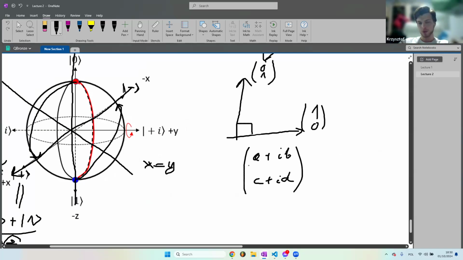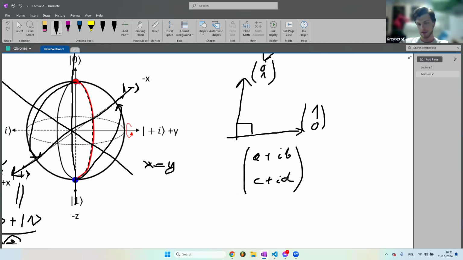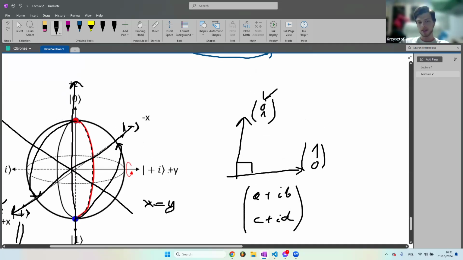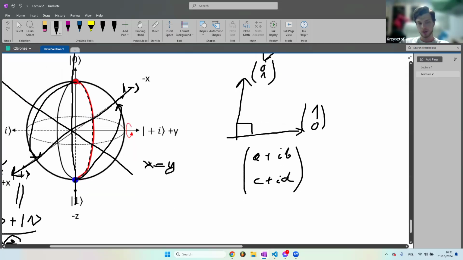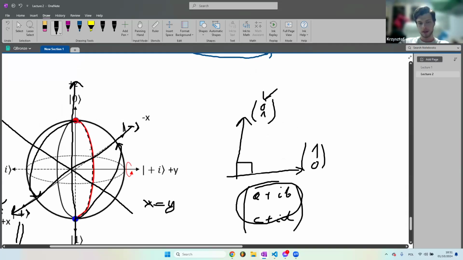So now, in order to fully describe the state, you need 4 numbers and 4 dimensions. But we live in 3, so it's very hard for us to imagine 4 dimensions. Therefore, we skew our representation a little bit so that we are able to write three of those numbers in a Bloch sphere and represent them in 3 dimensions.